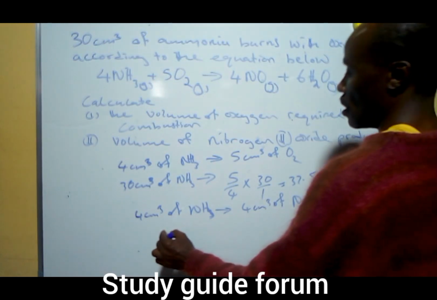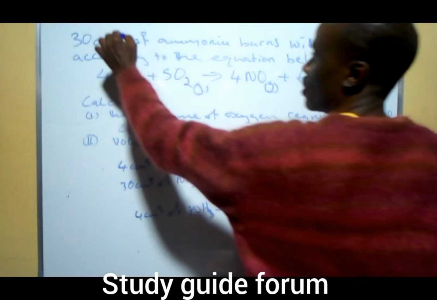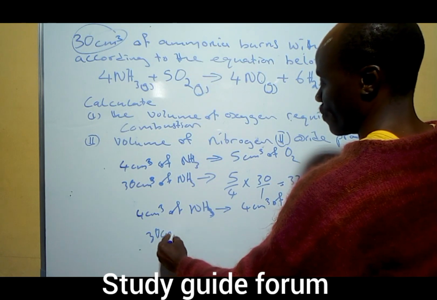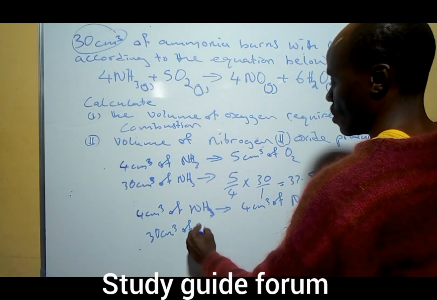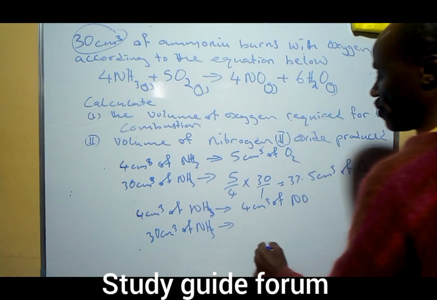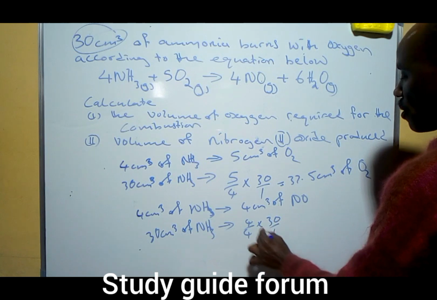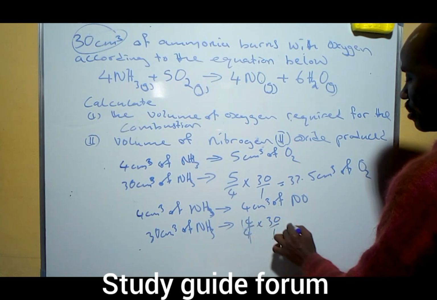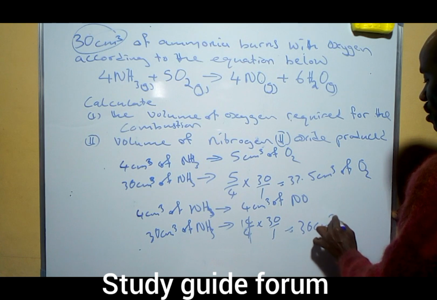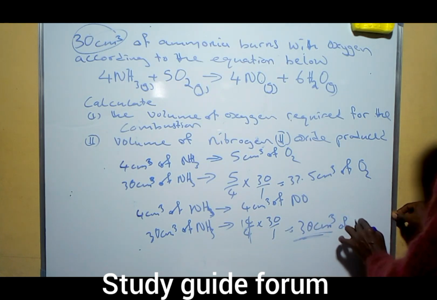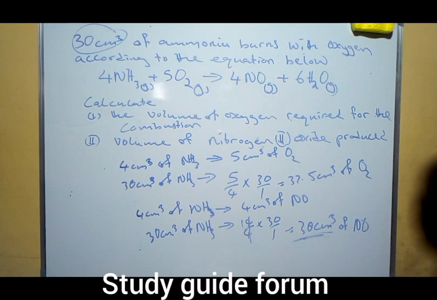So that means the volume we are looking for, 30 cm³ of this ammonia, will also give us 4/4 times 30/1. This will give us 1 times this. We'll have 30 cm³. 30 cm³ of what? Of nitrogen(II) oxide. So that is what we're going to get at the end of the reaction.